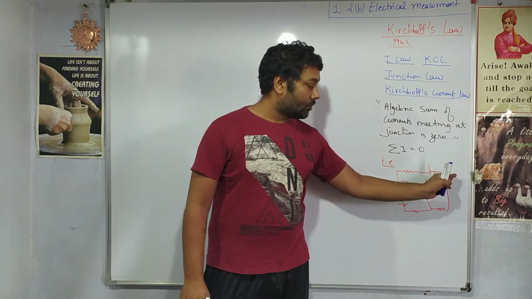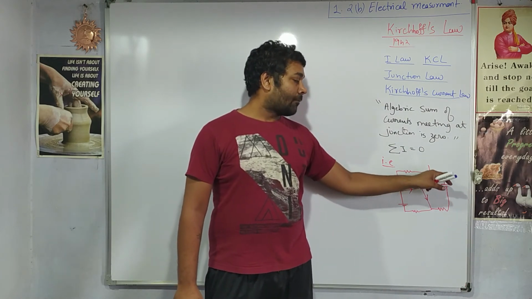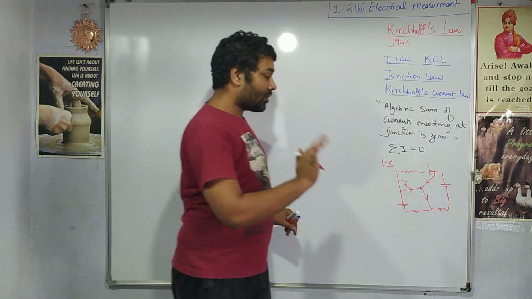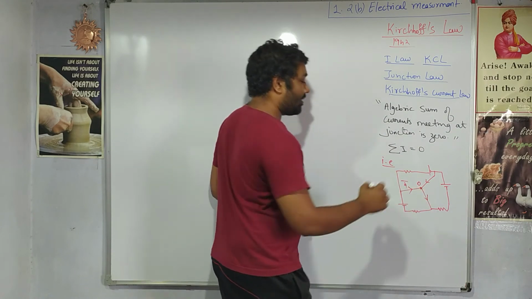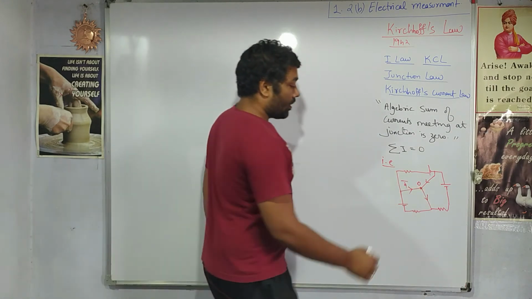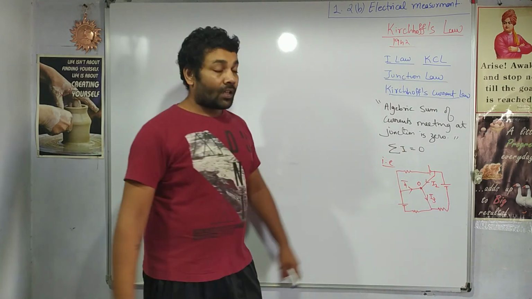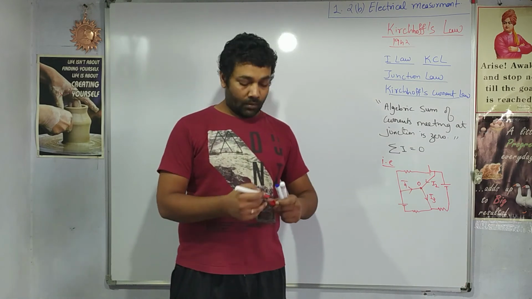Don't try to get into the details. Positive terminal is here, negative terminal is here, current is flowing in this direction, all those things we'll see in detail. Here you just have to understand about this junction. Let us say this junction is named as O. Current I1, this is the current I2, and this is the current I3, which are either getting into the junction or going out from the junction.